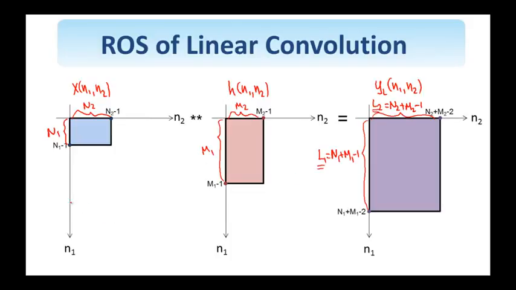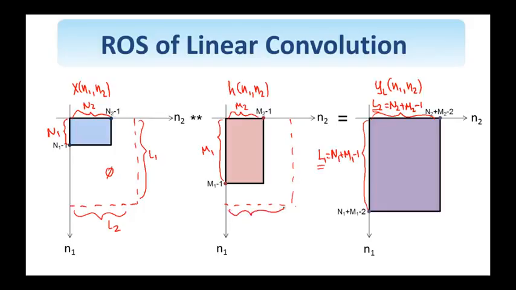So I should take the input signal and increase its size to L1 by L2 by padding it with zeros. I should do the same for the second signal I'm convolving with.